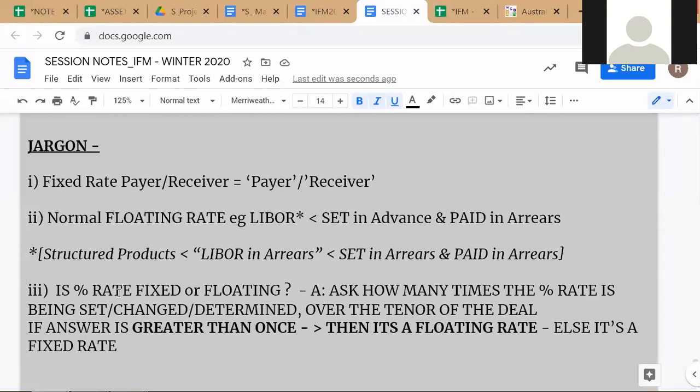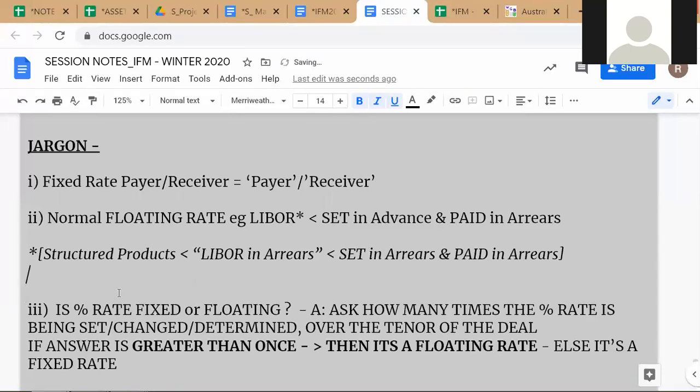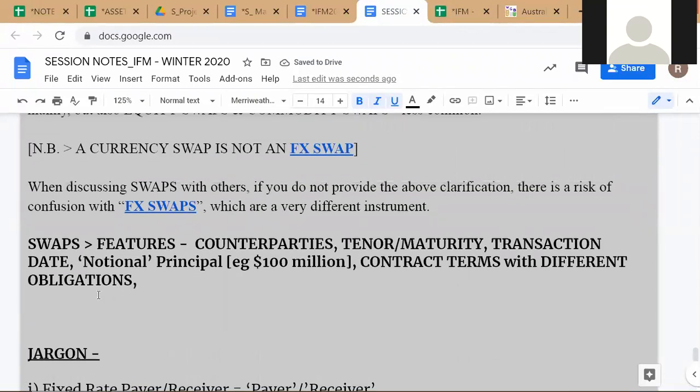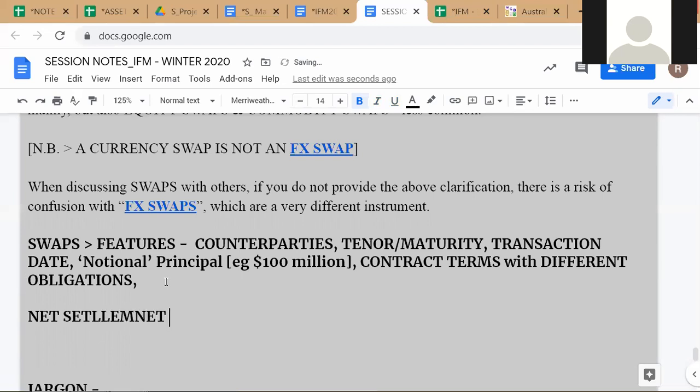We can write this here: net and not gross.